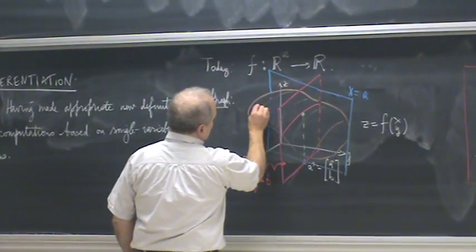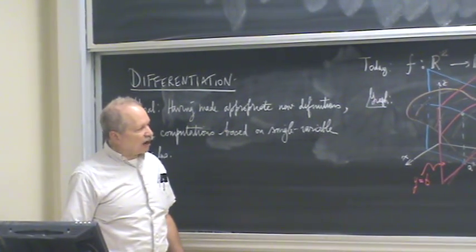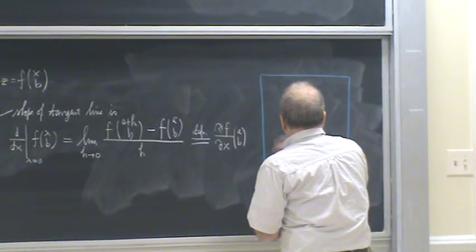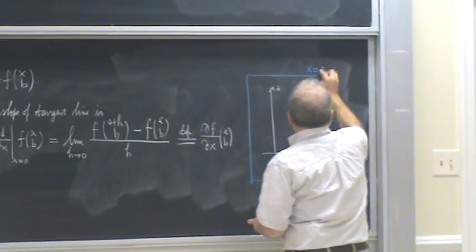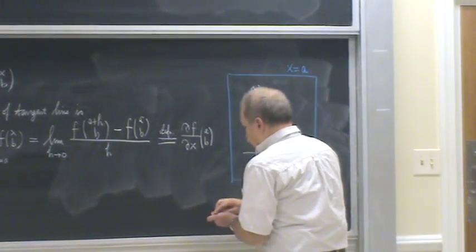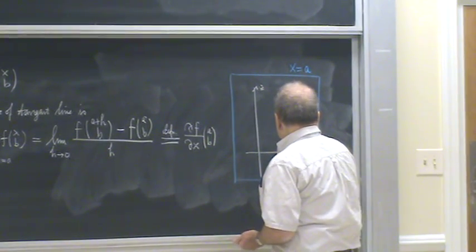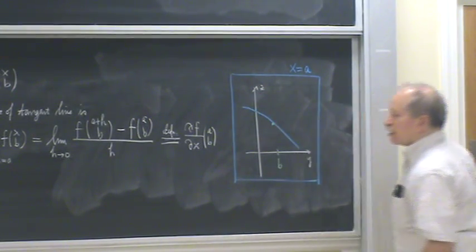So we have a copy now of the yz plane, and in that we slice the surface, and we see a different curve in this copy of the yz plane. So the companion picture is going to be a copy of the yz plane, sitting where x is a, and in that plane I now have a curve going through my green point. This is now y equals b, whatever b happens to be. I have my green point and my curve doing whatever it's doing.